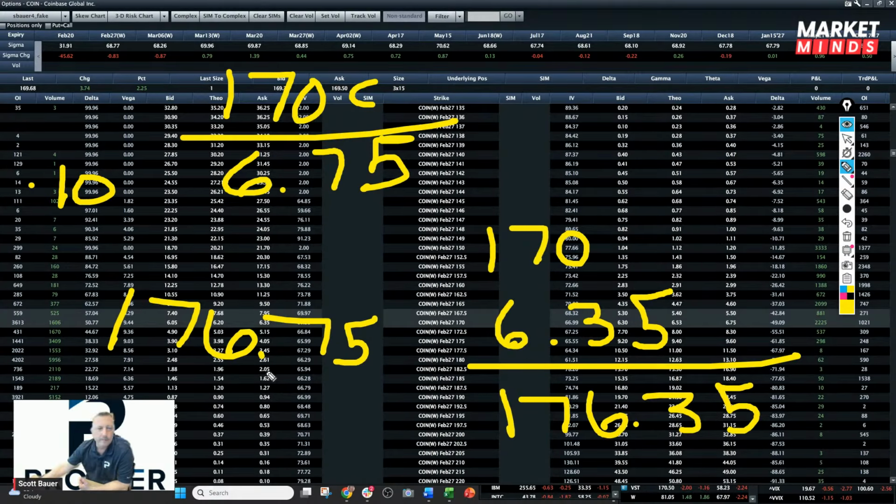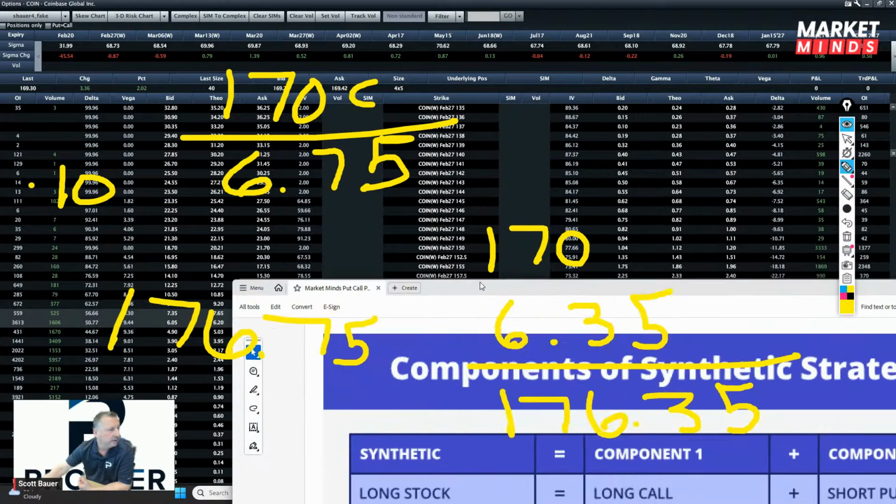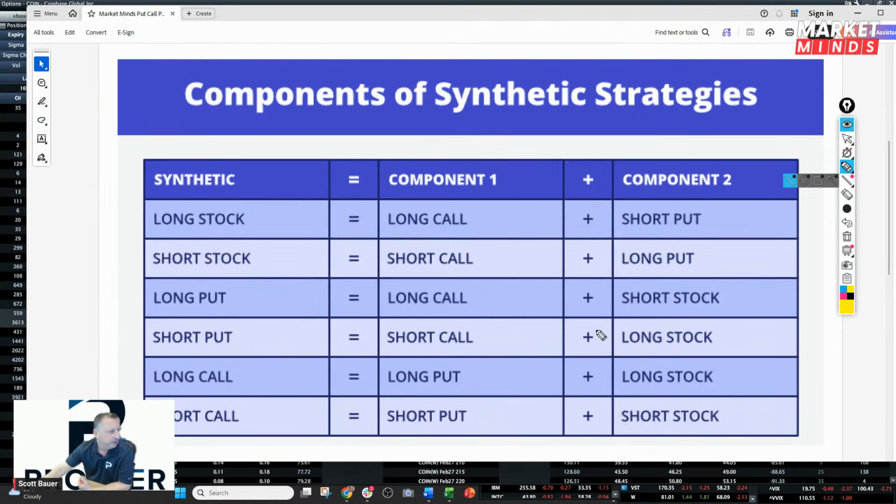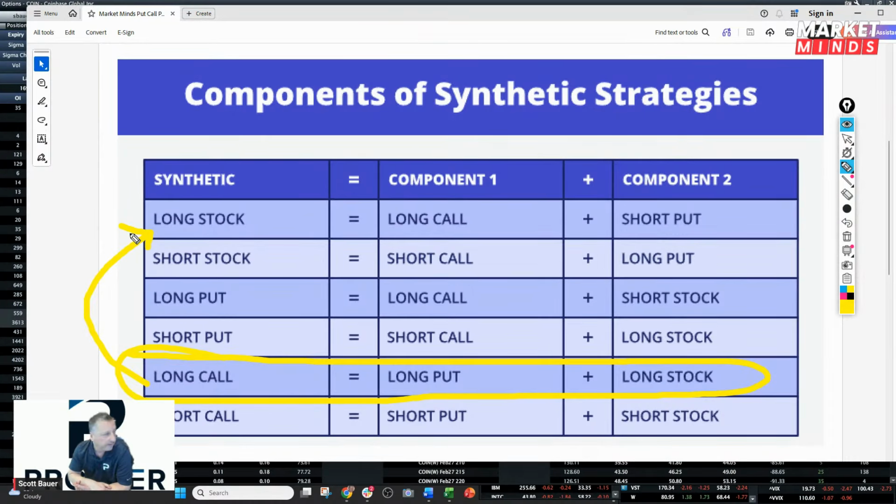And if we go back to our equation, remember all those equations we were looking at yesterday? We're isolating on this. This is just a derivative of that, right?